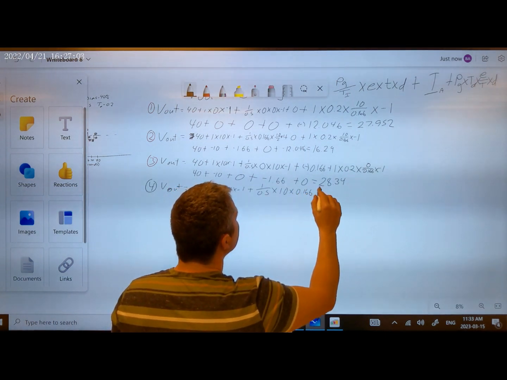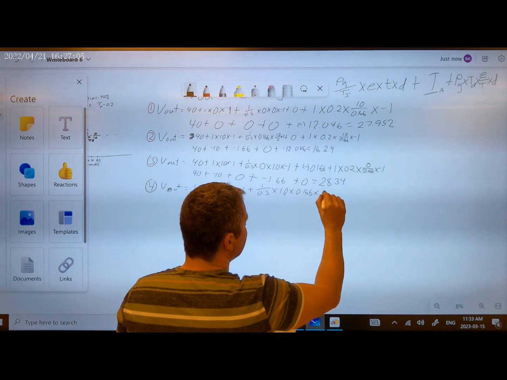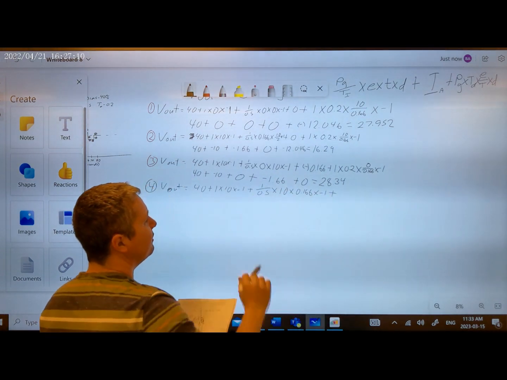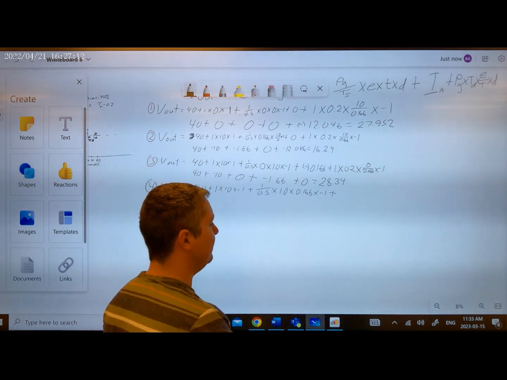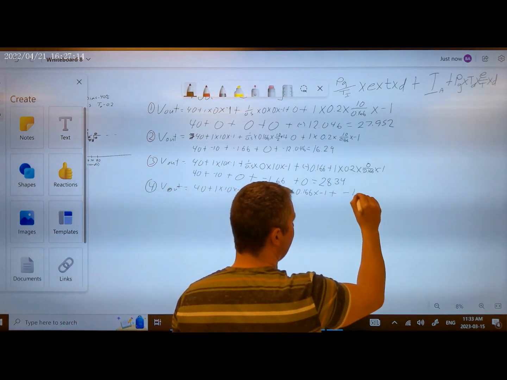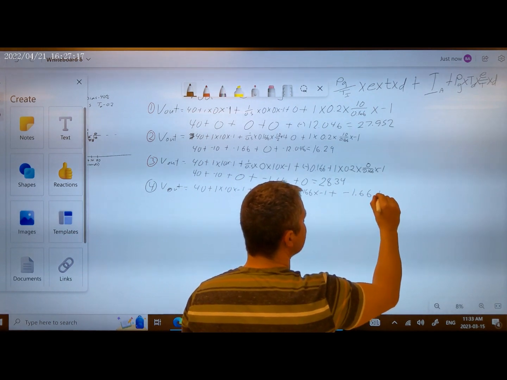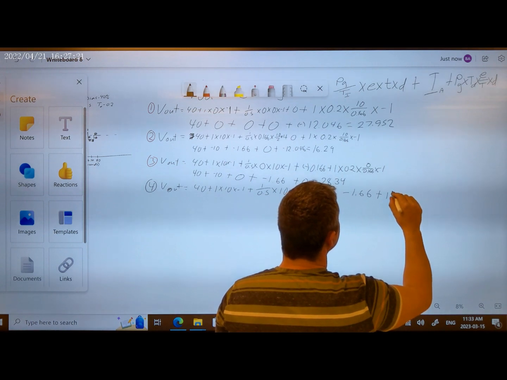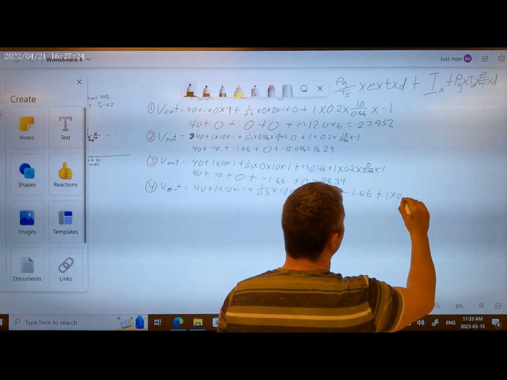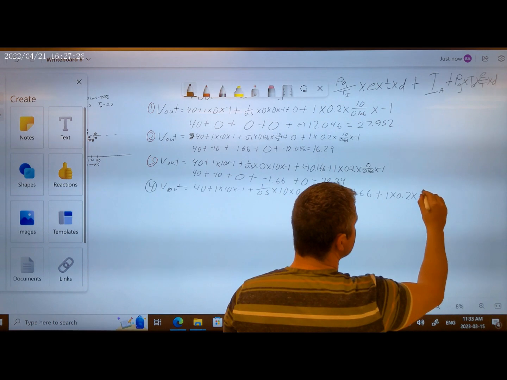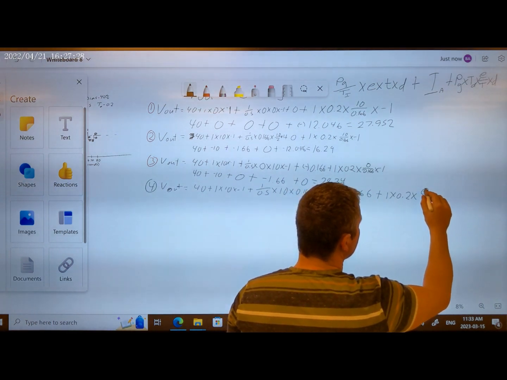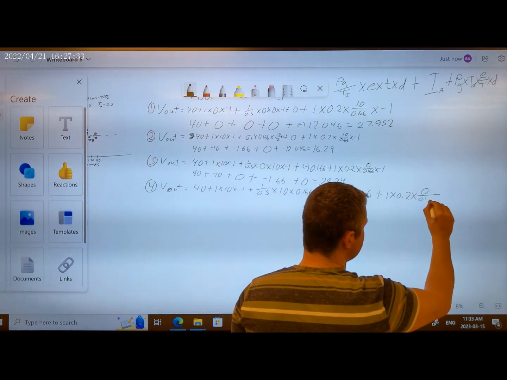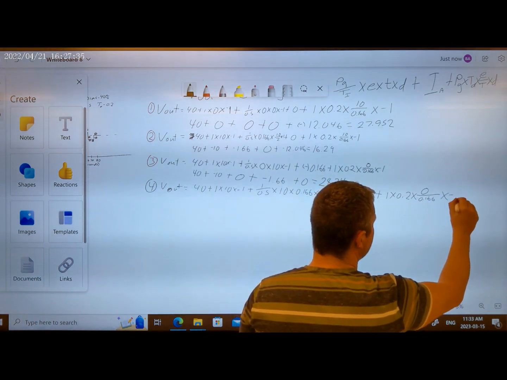1.66, times our direction of minus 1, plus our accumulative of negative 1.66, plus our derivative of 1 times 0.2 times 0, sorry, it is a 0 error over 10 seconds, times your direction.